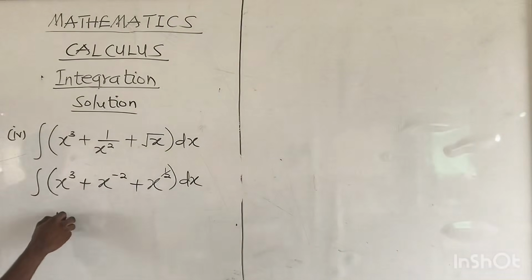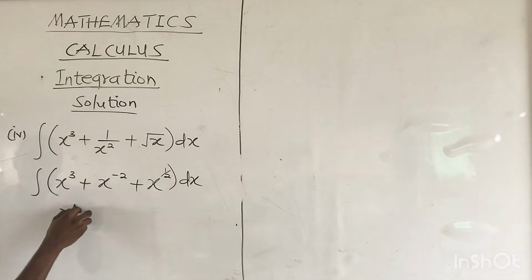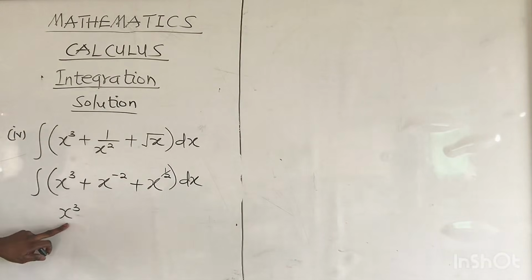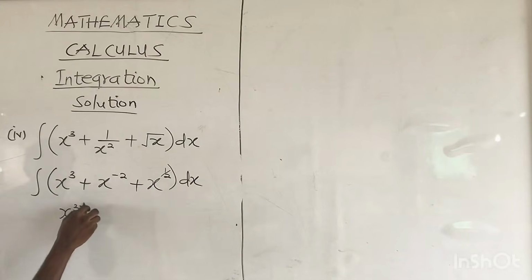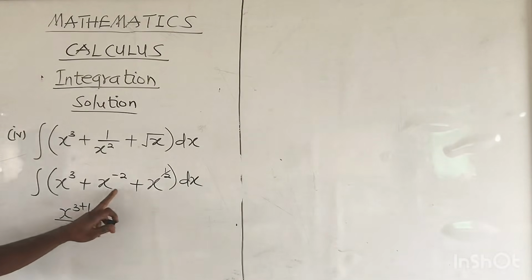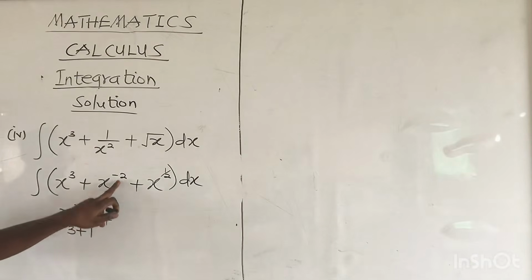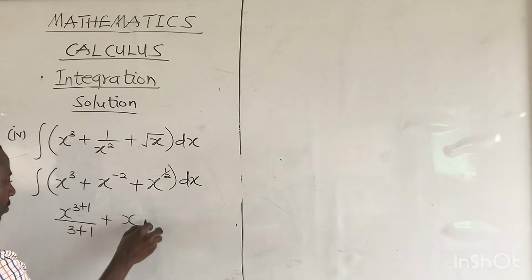So let's integrate x cubed. In integrating x cubed, you add 1 to the exponent, all over the same exponent, which is 3 plus 1. Plus, we are going to integrate x exponent negative 2.